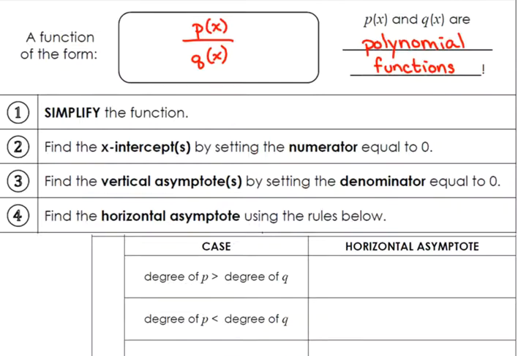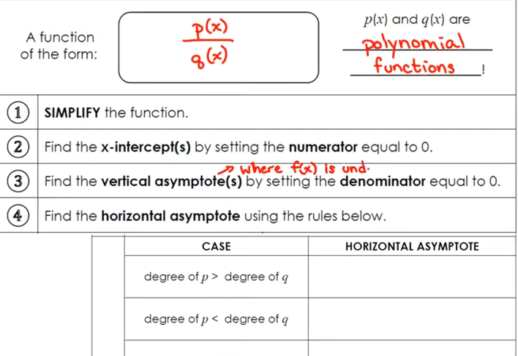All right. Then we have something called a vertical asymptote. We find that by setting the denominator equal to 0. Vertical asymptotes are where the function is undefined, where f of x is undefined.